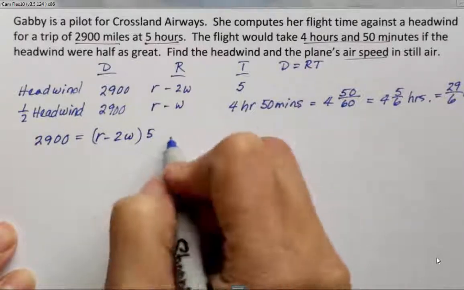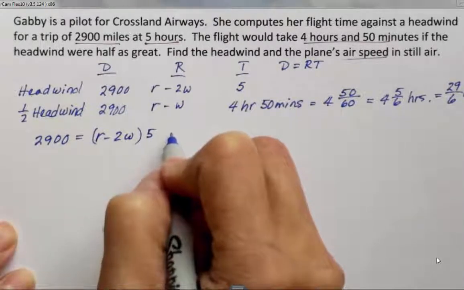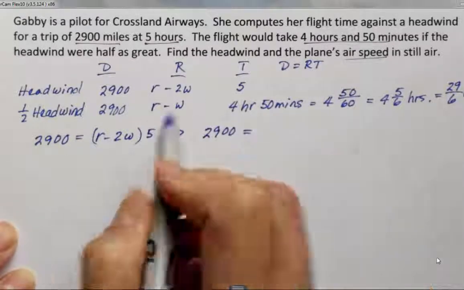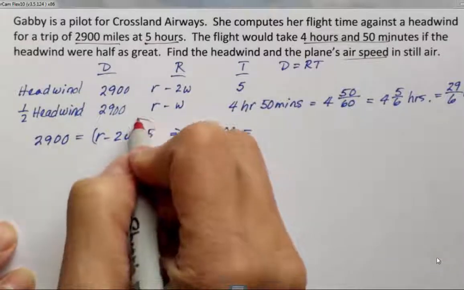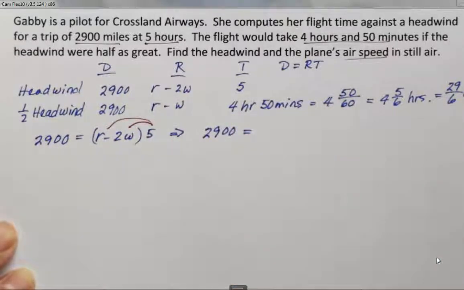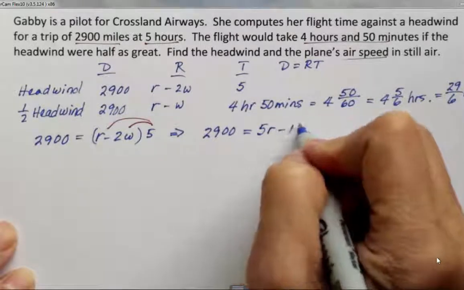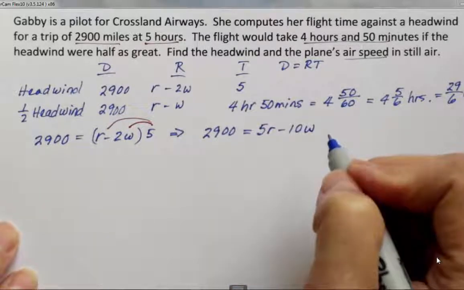And using my distributive property, we end up with 2,900 equals 5R minus 10W. So that's my one equation.